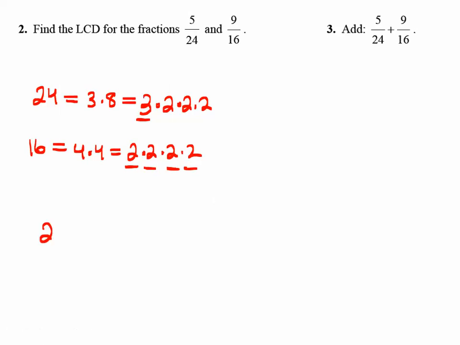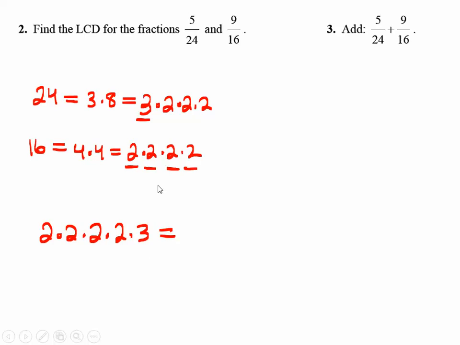There's four 2's over here and three 2's over here. We're going to pick the most amount of 2's, the most of a number of that base. So one 3 and four 2's: 2 times 2 times 2 times 2 times 3 would be your common denominator.